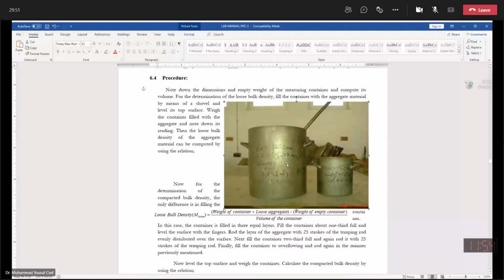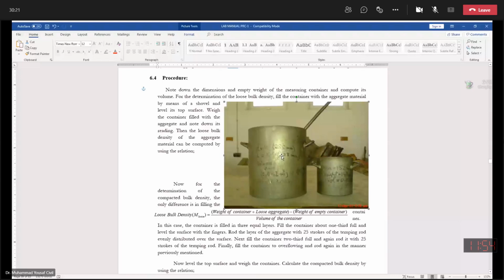You will fill it up with the material and weigh it. The weight of the aggregates used to fill this cylinder, divided by the volume of this cylinder, will give you the loose bulk density. First of all, you will weigh the empty cylinder.